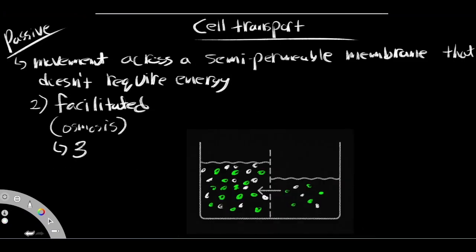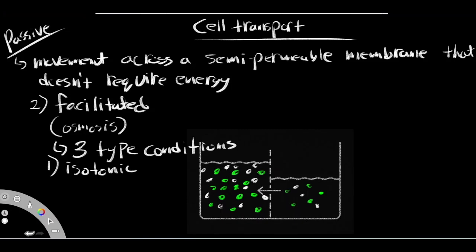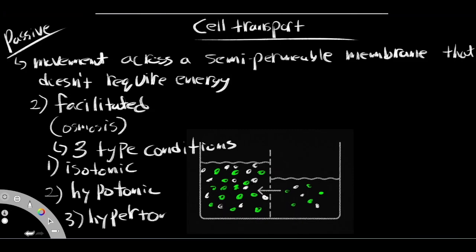However, I want you to know that there are 3 types of these conditions. One of them is isotonic. The second one is hypotonic. And the third one is hypertonic. I kind of already went over this though, well, number 2 and number 3.